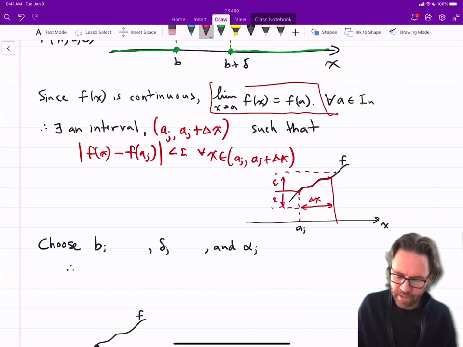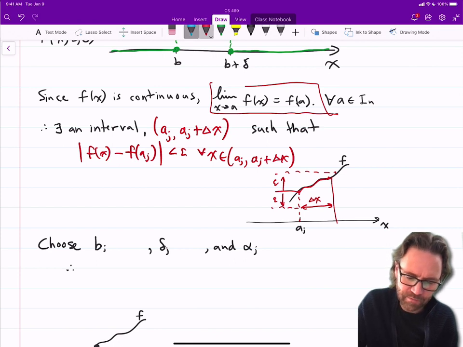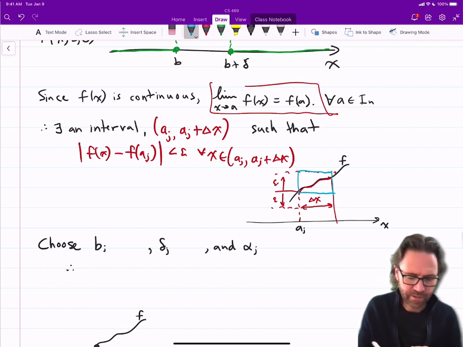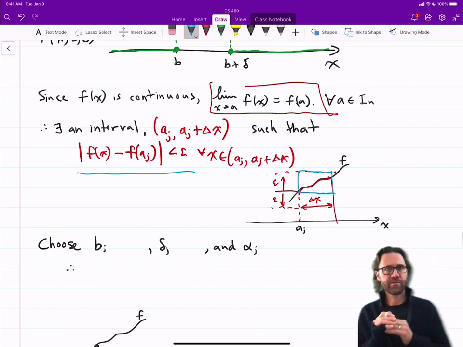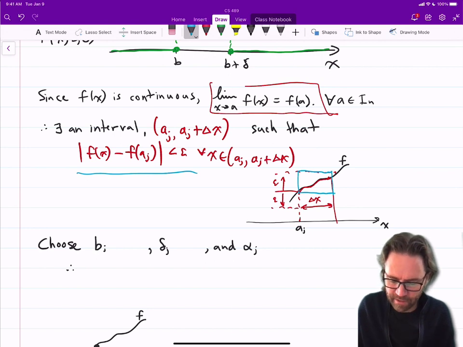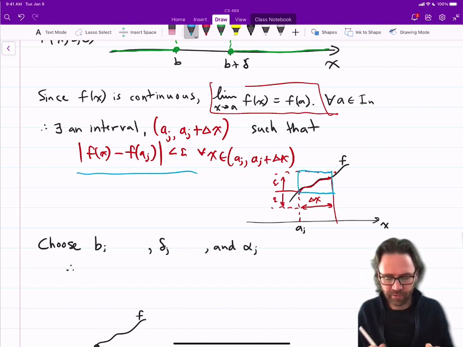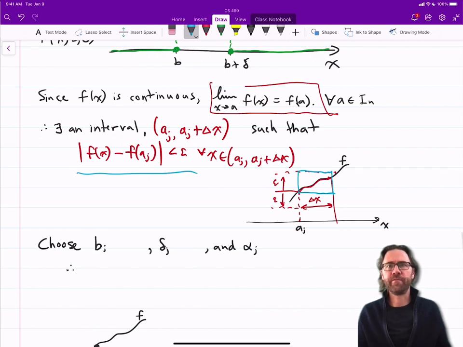You can see that in this box, which maybe I'll draw as blue, I don't wander more than epsilon away from f of a. So for all x's in this little interval delta x from a_j to a_j plus delta x, I don't get further than epsilon from f of a_j.